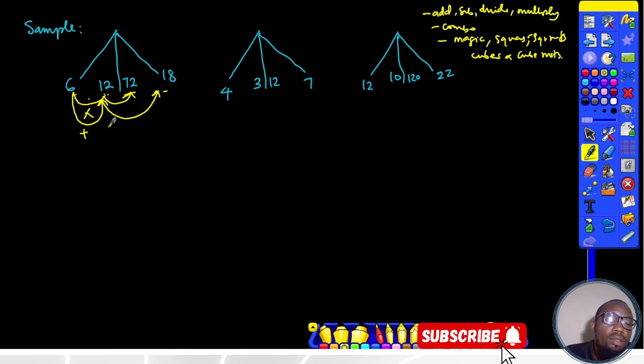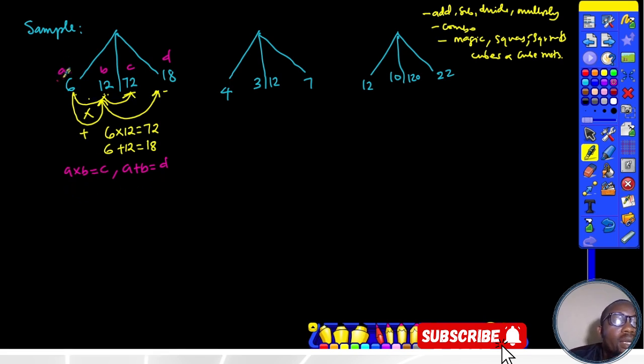So what are we doing? 6 times 12 is 72. And 6 plus 12 equals what? 18. Okay. If we label this part as A, B, C, D, I know that we can set the rules and say A times B will always give us C, and A plus B will give us D. However, what about if here is missing, guys?